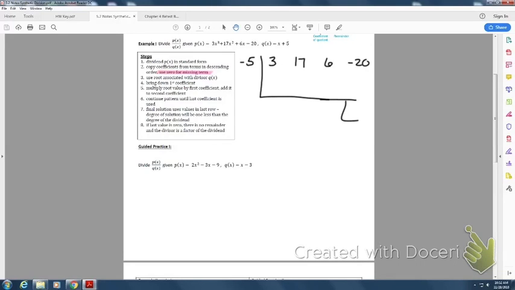Step 4. Again, this is the thing that a lot of people struggle with, because they can do all that, but then they mess up the first step. And it's probably the easiest one. You're just going to bring that first coefficient down and write it underneath that line. So if the x plus 5 was x minus 5, what would it be? Then it would be positive 5.